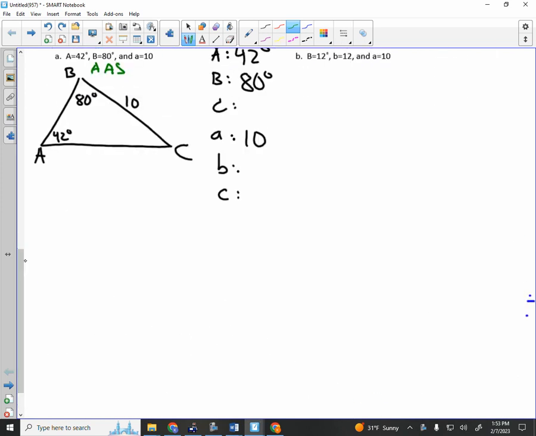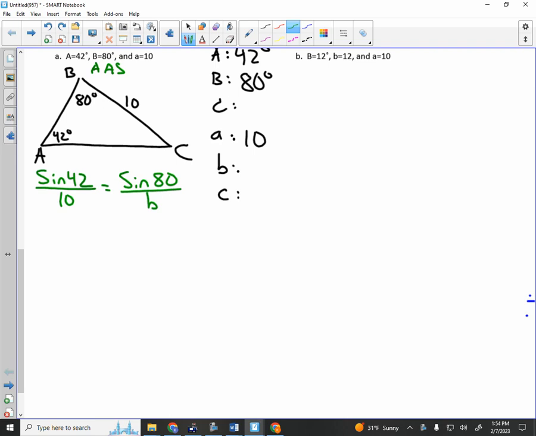I want to set up the law of sines. What would be your first part for setting up the law of sines? Sine of 42 over, you need its opposite side, which is 10, is equal to the sine of 80 divided by x or b. I'll call it b so we know which side we're going for. How would you solve something set up like that?